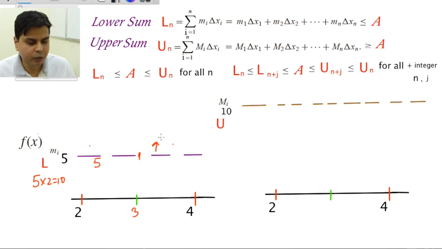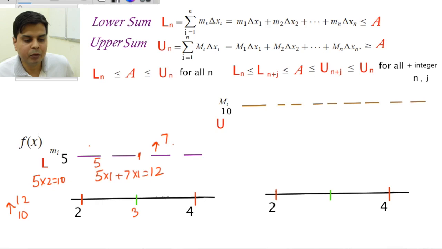So suppose this is equal to 7. What will be your new L? Your new L will be 5 into 1 plus 7 into 1, because your interval is now of length 1, which is 12. So your L has increased from 10 to 12. If you are increasing your number of subintervals, my L has increased.